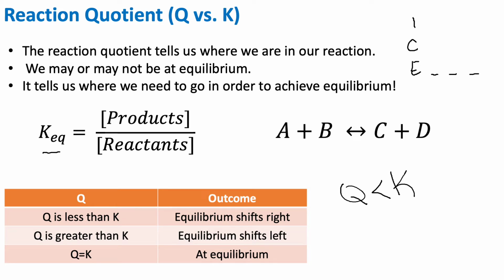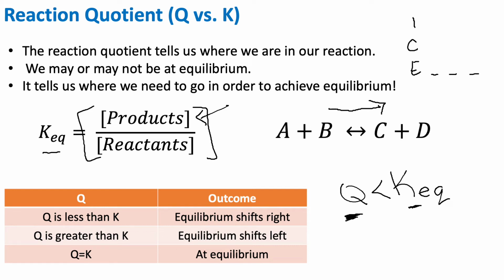If we have a big KEQ and we have a small Q, and we want that small Q to reach our KEQ, how are we going to make this Q bigger? Well, in order to make the product of this equation bigger, we have to increase the number of products that we have. To increase the number of products we have to shift the reaction to the right.